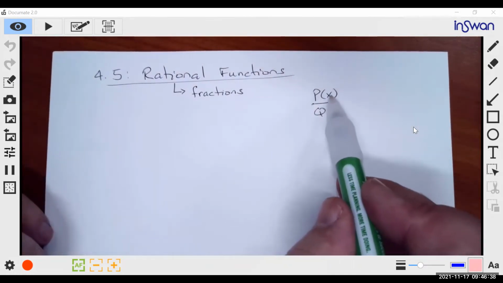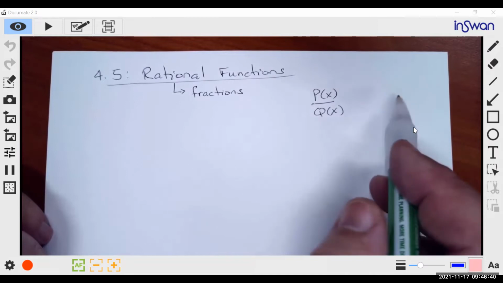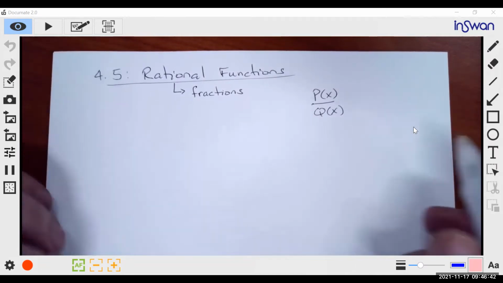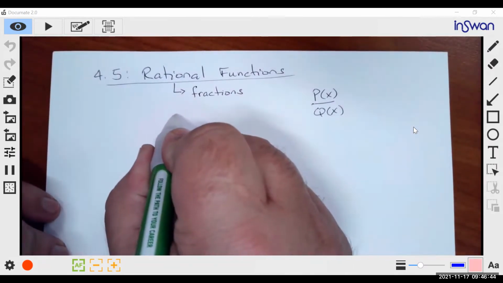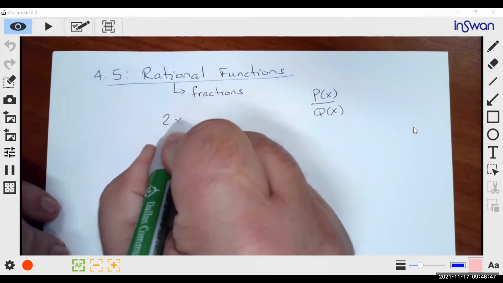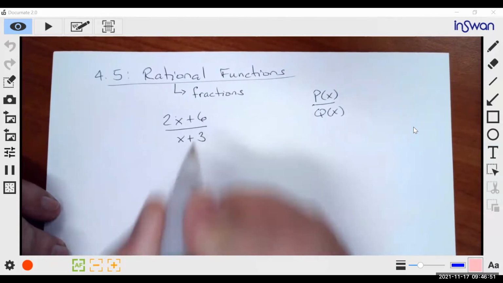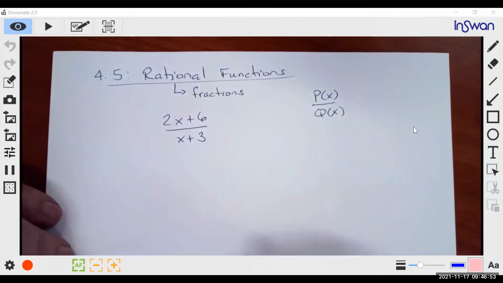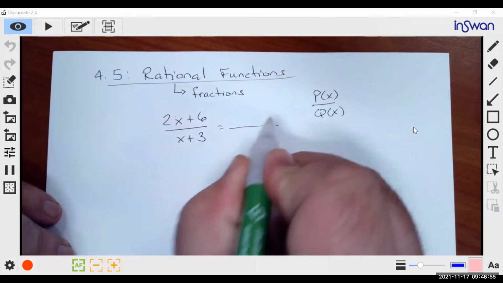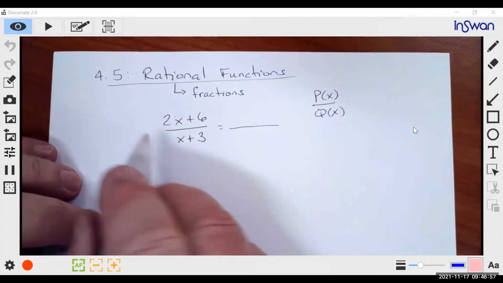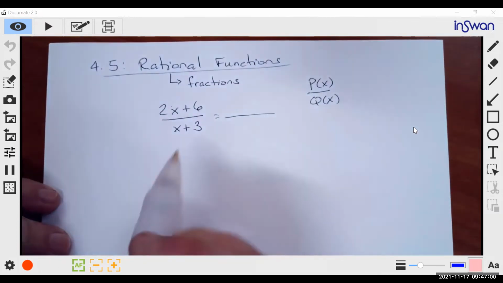Now, if you have a polynomial divided by a polynomial, will it always be a polynomial as an answer? Not necessarily, right? What if we had 2x plus 6 divided by x plus 3? Whenever you have rationals, always factor them out first.